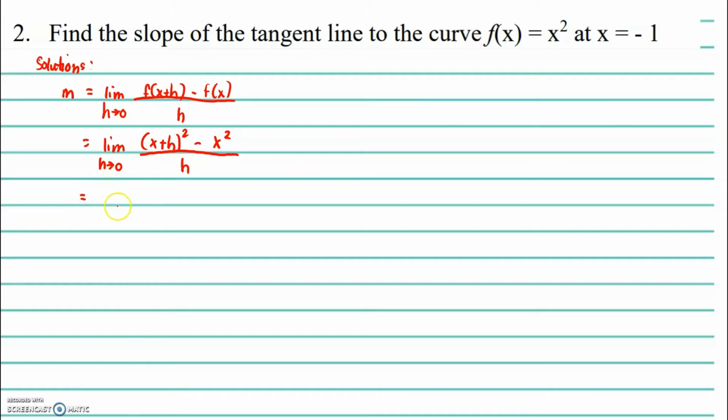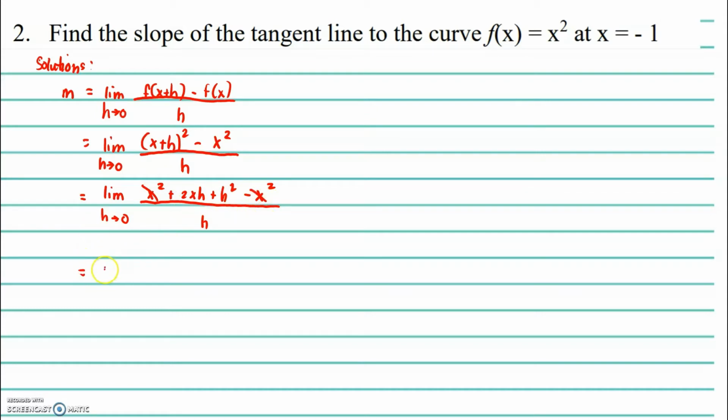Okay, expand your binomial. You have the limit of x squared plus 2xh plus h squared minus x squared all over h as h approaches 0. Combine like terms, so you can cancel out x squared and negative x squared.